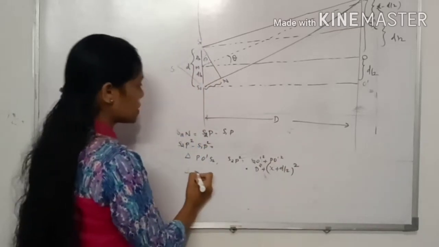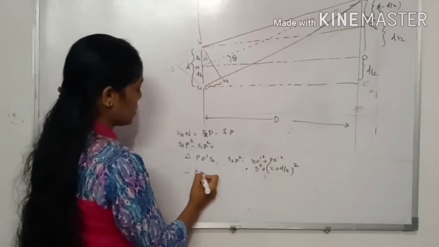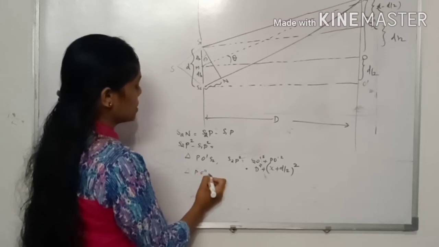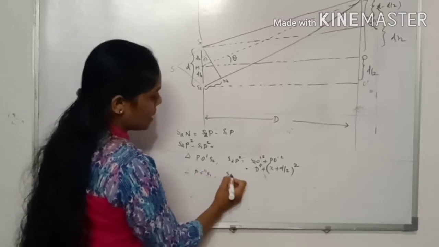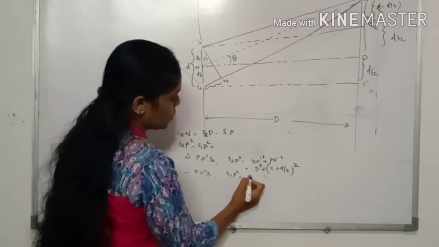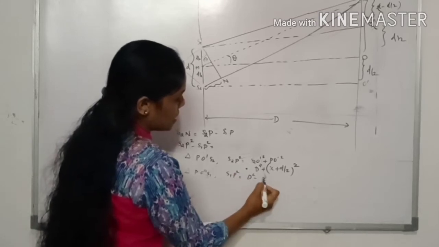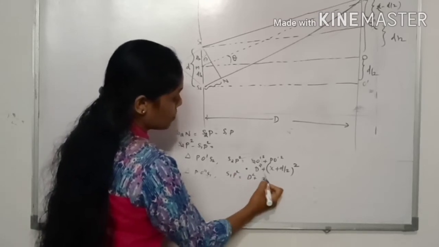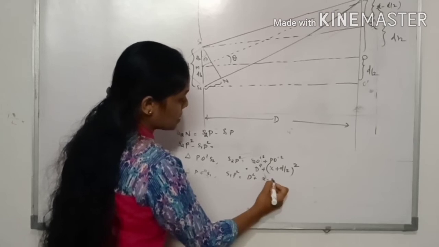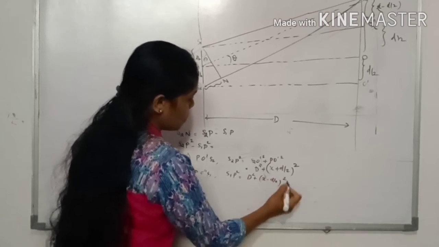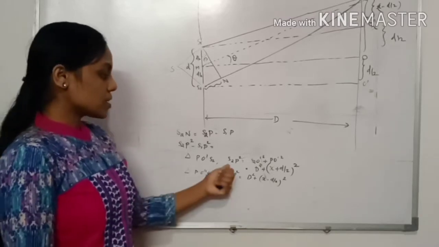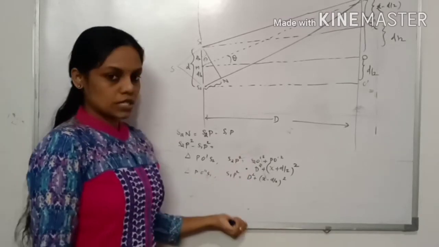So from the triangle P O double dash S1, S1P square is equal to D square plus x minus d by 2 square. So we got S2P square and S1P square.